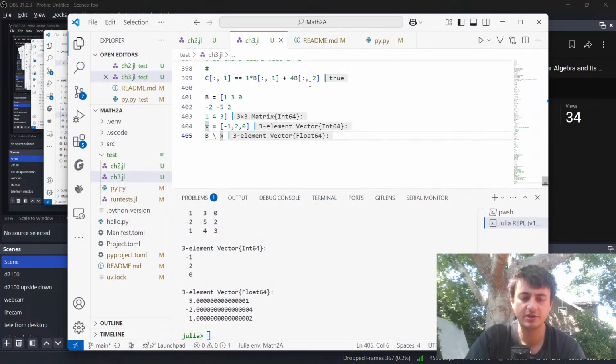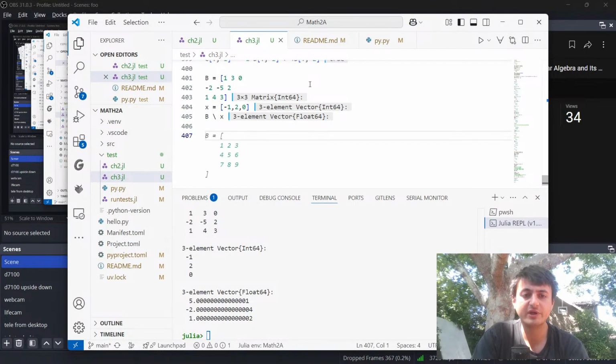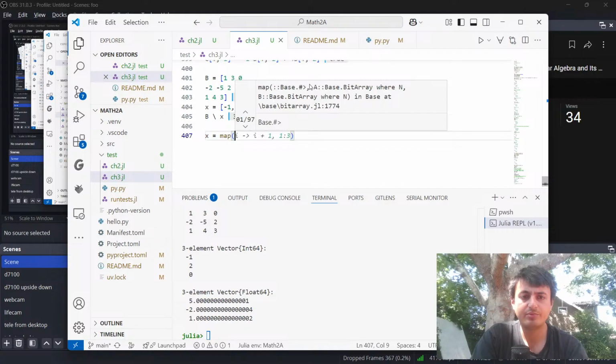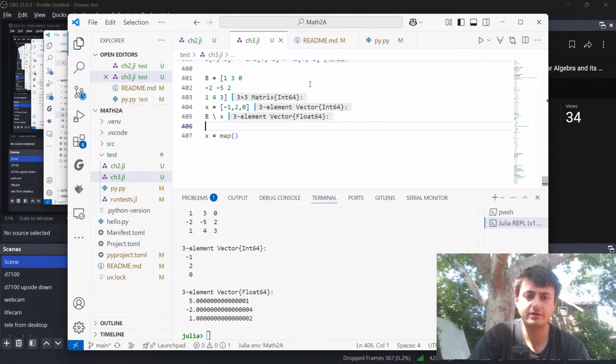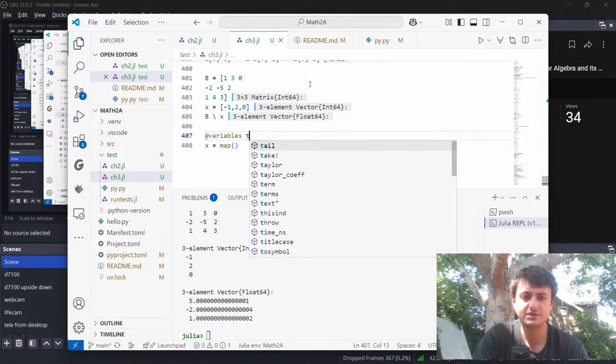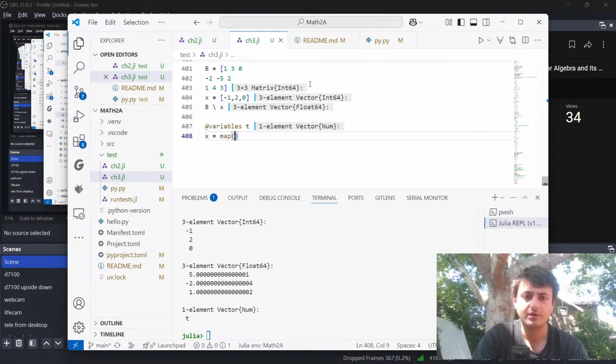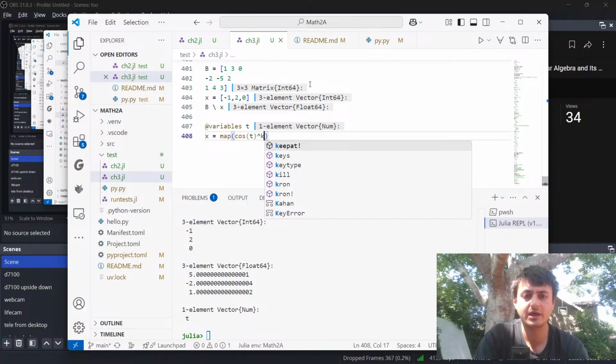All right, so wait, hold on. So let's just get our basis x. So it's going to be, at variable t, map cos t to the k, or let's just say n.